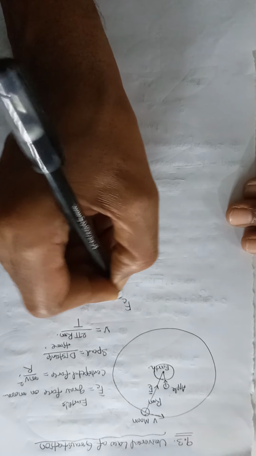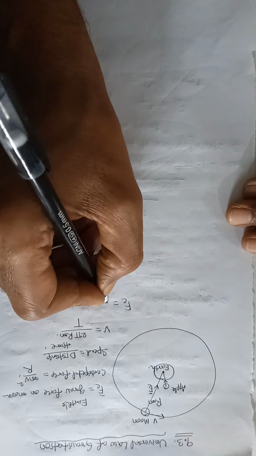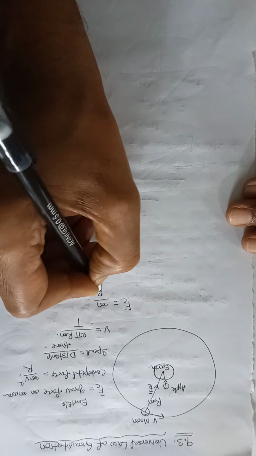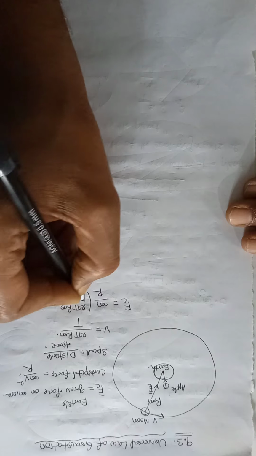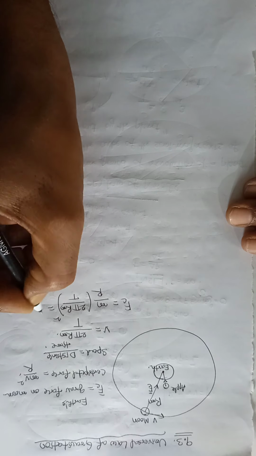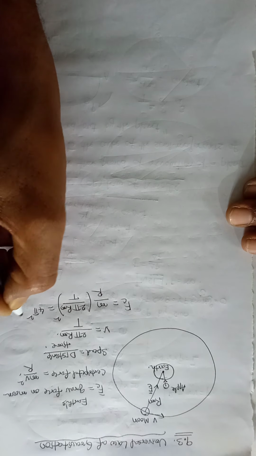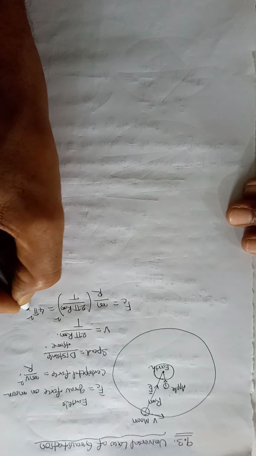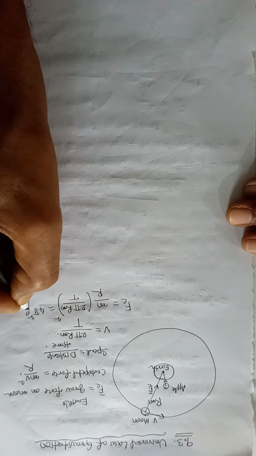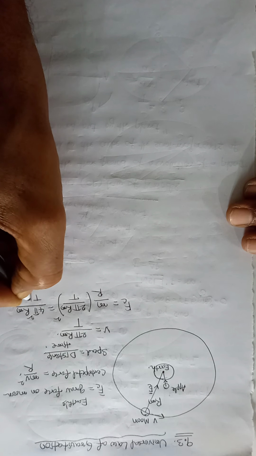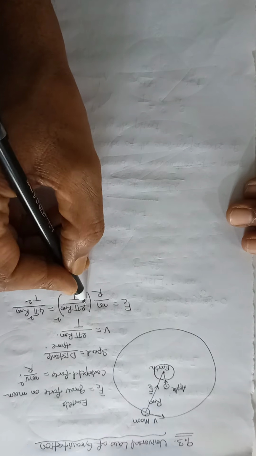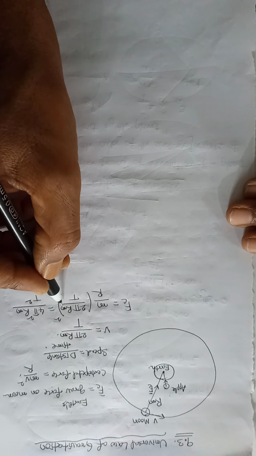Substituting this value here, the centripetal force becomes four pi square Rm.